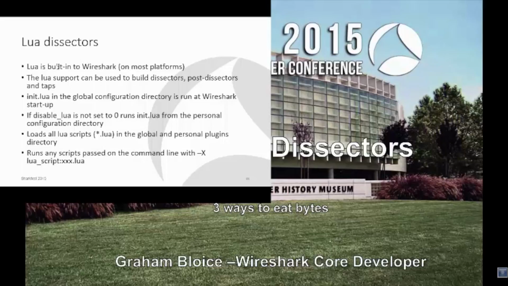So in Lua, we have Lua built in. It can be used to not only do dissectors, we've got post dissectors, which can run after another dissector to generate other info, and taps, which are used to generate statistics. In the Wireshark directory, config directory, we have an init.lua, and that controls the Lua runtime, and it has an option in it to disable Lua, but if that's not disabled, that gets run from the personal, also from the personal configuration directory.